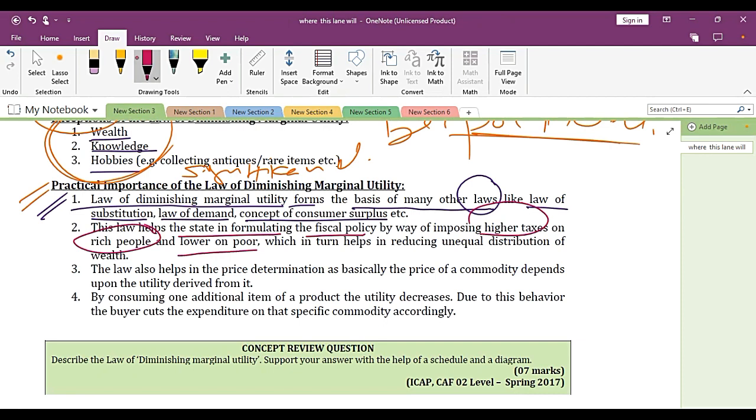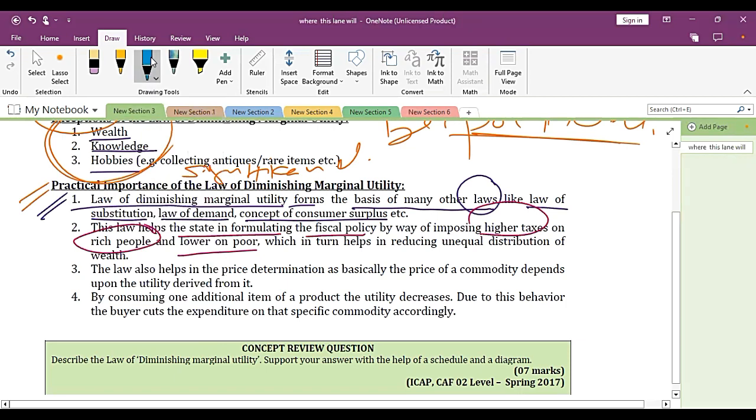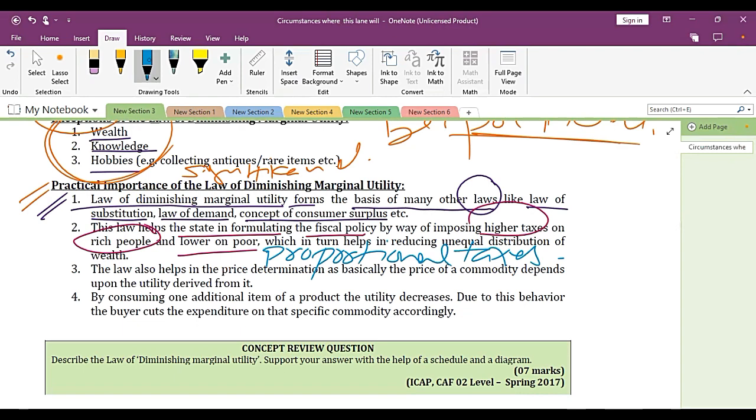This refers to progressive taxes, where more tax is imposed on rich people as compared to the lower class, which helps in reducing the unequal distribution of wealth.